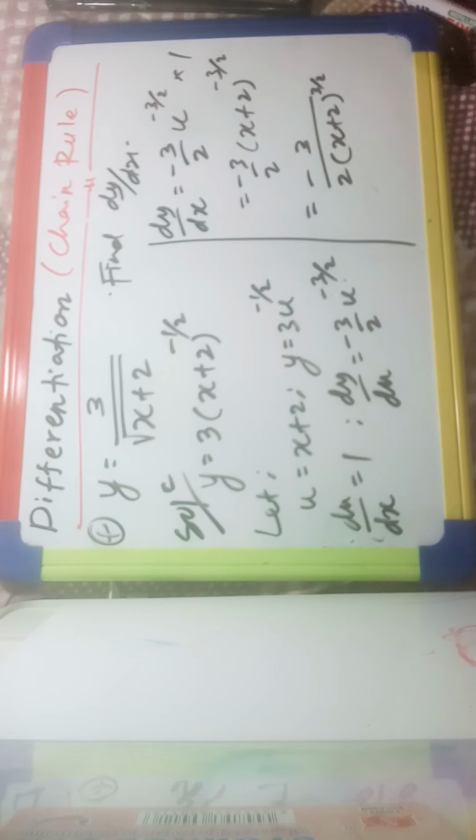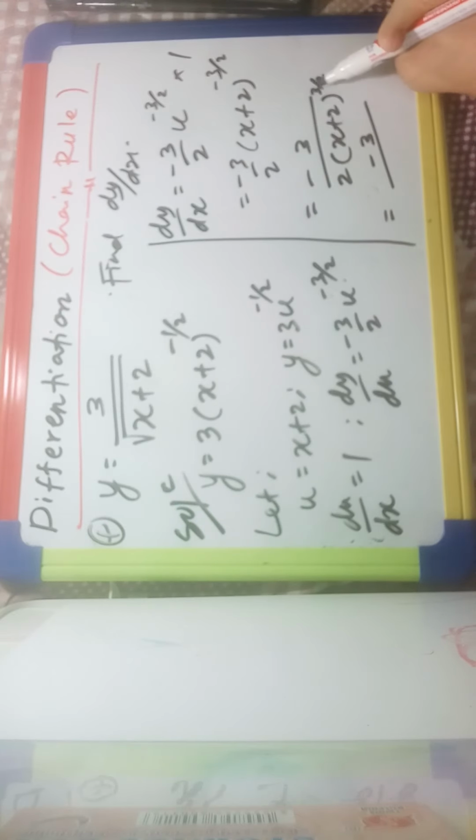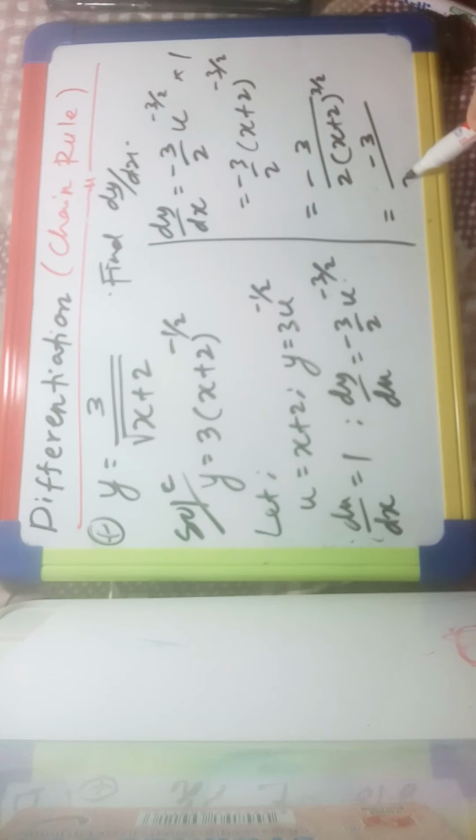If you leave your answer like this, also acceptable. But if you want to keep going, you can write like this. Then power 3 over 2, so 2 here, this is square root, this is power. Square root in bracket x plus 2 power 3. Okay, so this is our final answer.